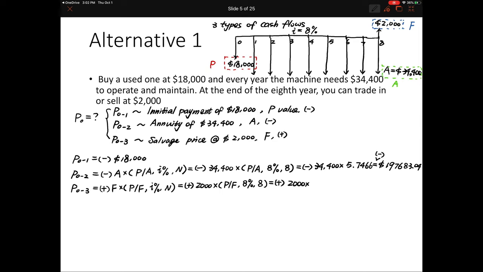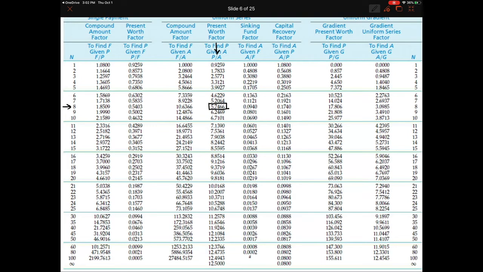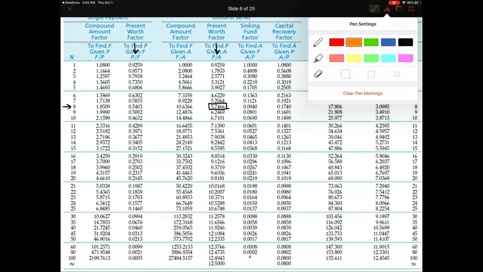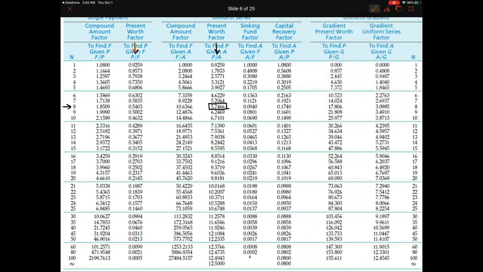So positive 2000 and check the table. So now you are looking for P given F, and let's use another color. Okay, that's the column, and the number of years is still 8.